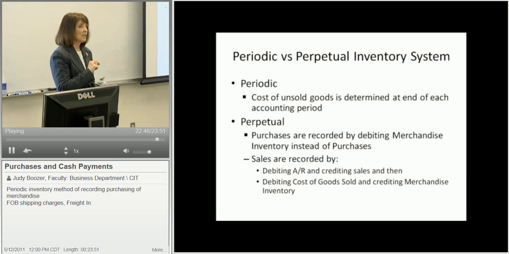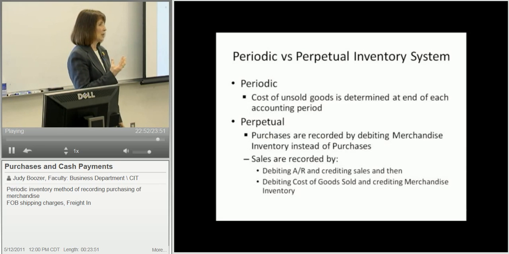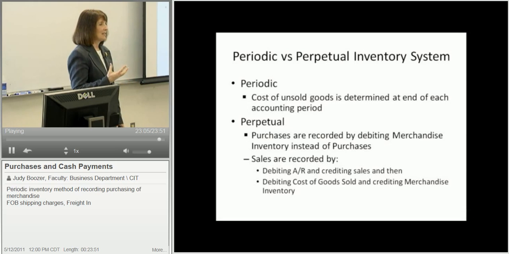That means that we're using the purchases account to show all new merchandise that we purchased during the year.